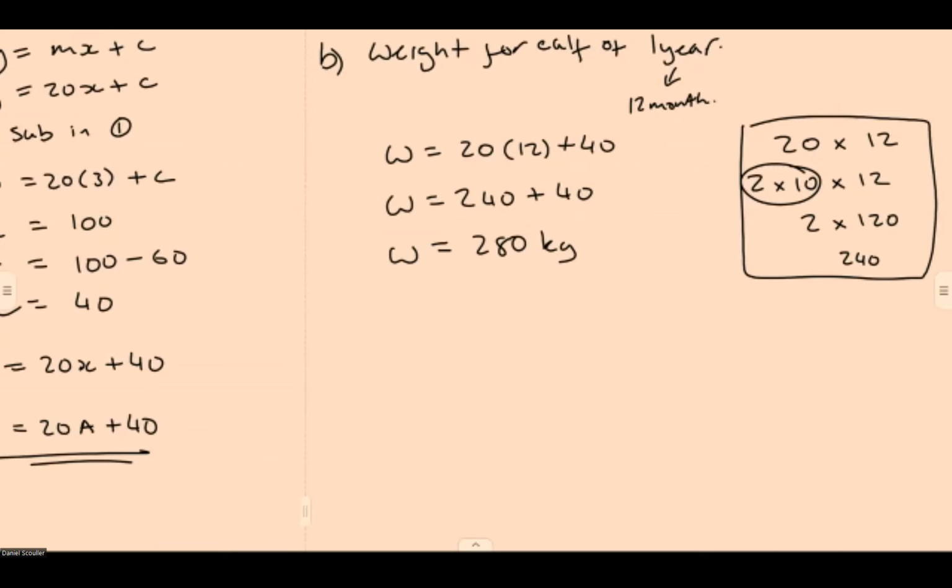So if you'd done that and instead of the 40, you'd got the 160, and you were getting an answer of 400, a wee sense check would be, that doesn't make sense, because if it got older, it's not going to get lighter, unless something's going wrong, okay? And then that would show you, all right, maybe I'll double check something back here. So there's wee sense checks that you can go to.